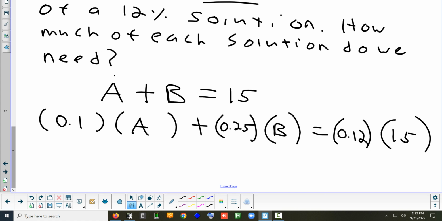All right, so on that right-hand side, we can multiply 15 and 0.12. So let's do that, make that a little simpler. And we can shorten this. That's just 0.1a. This is 0.25b equals, and I need to do 0.12 times 15.